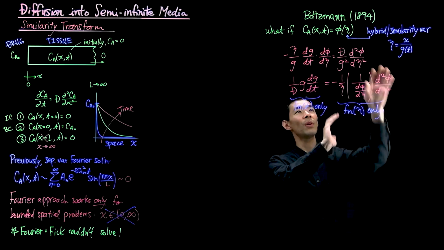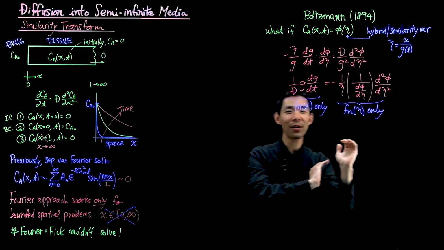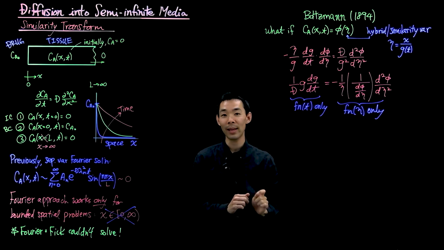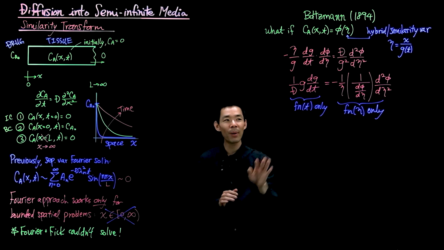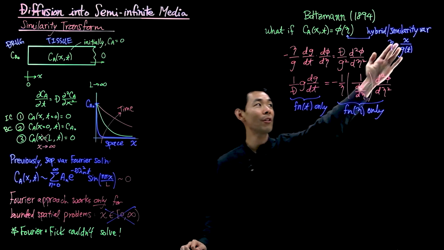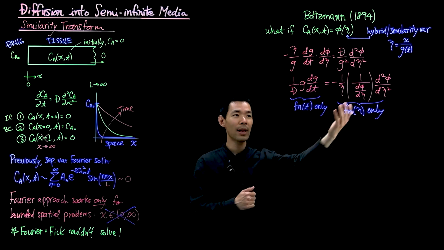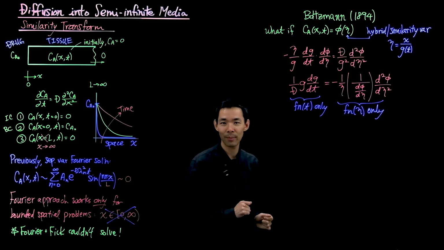Over here, if you believe in phi as a function of eta, this term only depends on the independent variable eta. Now, some of you might say, but wait a minute, eta is a function of position and time, so isn't it also a function of position and time, and therefore you haven't really separated the variables?